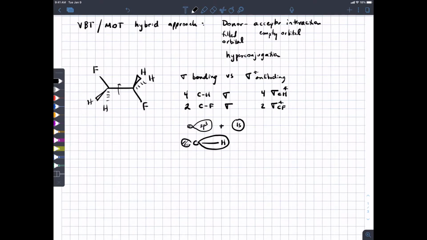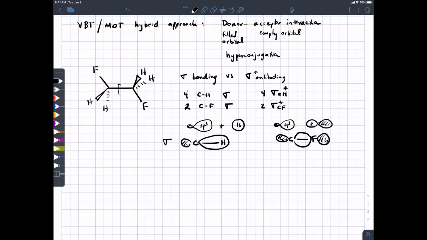Similarly, if we were to overlap an sp3 orbital on carbon, probably with the corresponding p orbital on fluorine, we would expect a bonding orbital that looked like this, with a lobe between the 2 nuclei and then lobes on either side with the other face.